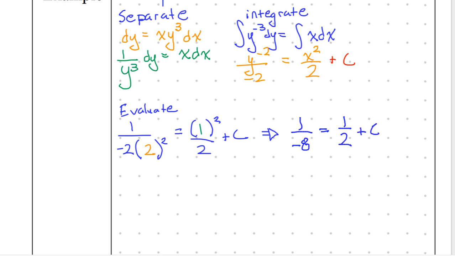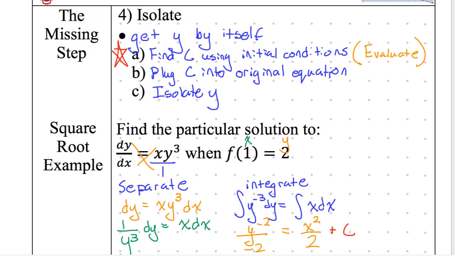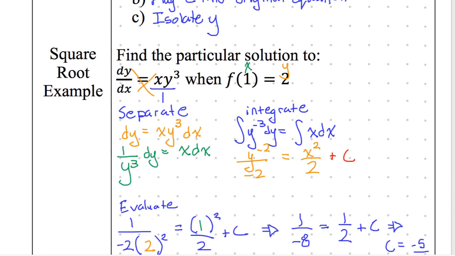Therefore, c is equal to negative 5/8. All right, that was evaluate. And that was already doing part of step 4, which is to get c using the initial conditions.